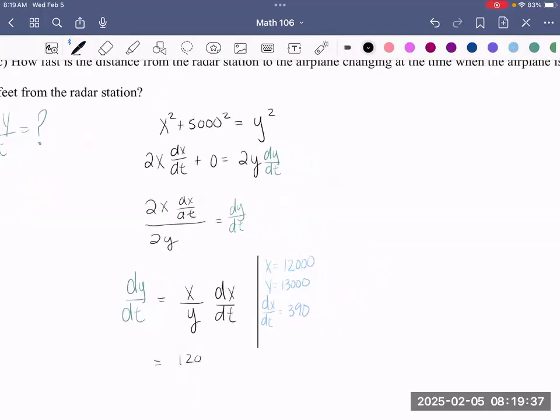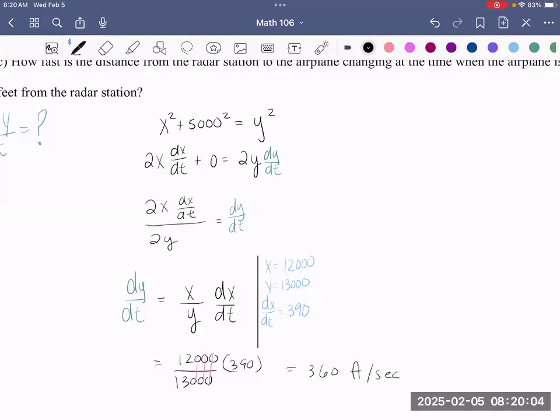So we have 12,000, 13,000, and 390. Our zeros can make it a little bit easier. And if we were to plug that into your calculator, we have 12 times 390 divided by 13. So we should get 360. And again, units on here is feet per second.